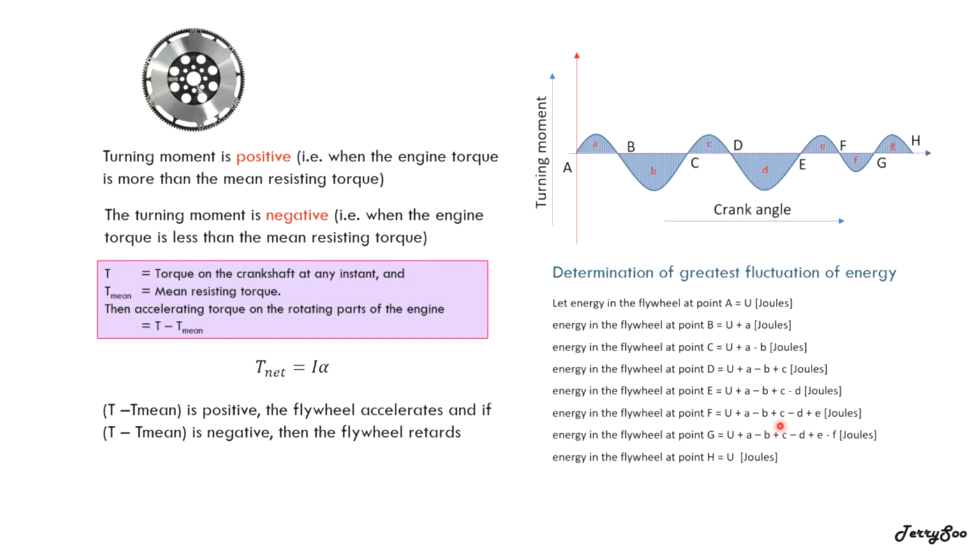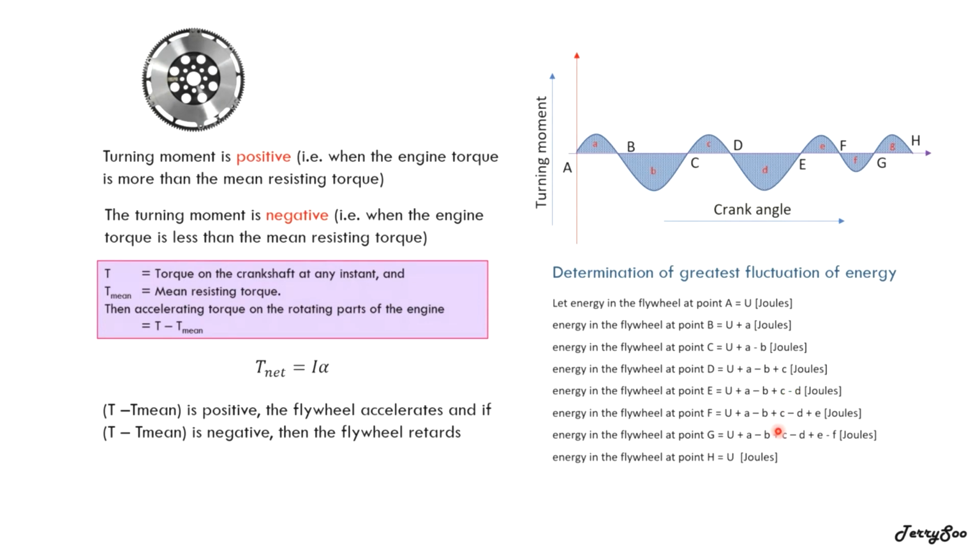So after that, we can find out the greatest fluctuation of energy by taking the maximum. So you have to see which one would be the maximum. Here we are unable to see because they are all without a value, that means without numbers.